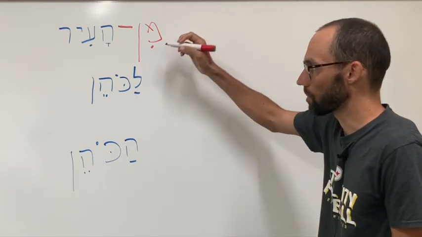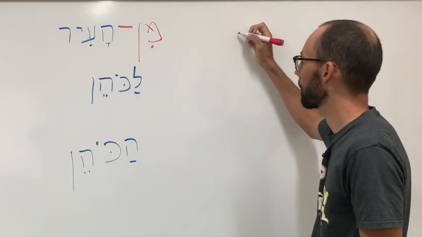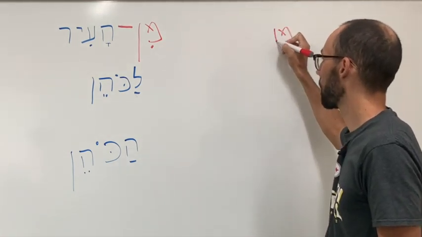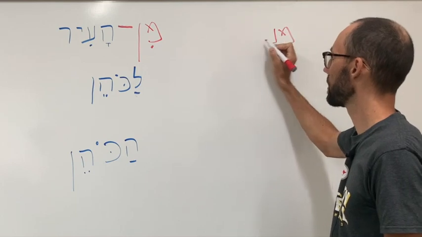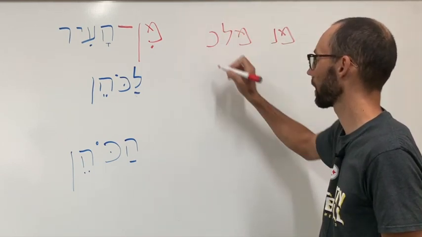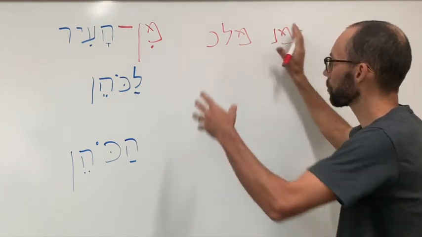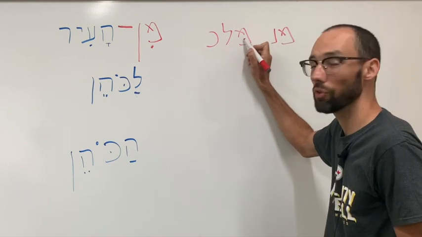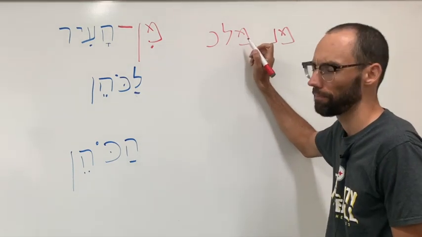So if you wanted to say min melech, what would happen is the nun, min melech, when you push those together, the nun drops out and doubles the next consonant.